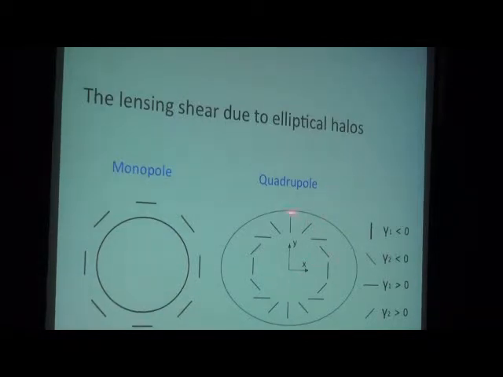The quadrupole field, the elliptical contribution to the shear field, looks like this. It's just like this, but it rotates twice as fast. So you had to go 180 degrees to get back to the same shear; now you only go 90 degrees. So monopole, quadrupole. For a shear, this is like a cosine 2 theta, this is like a cosine 4 theta.